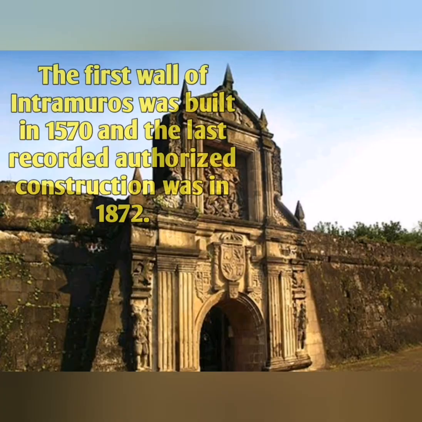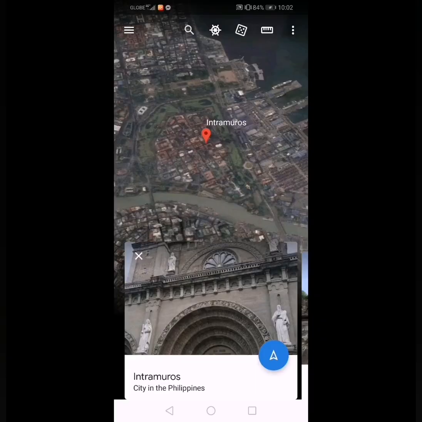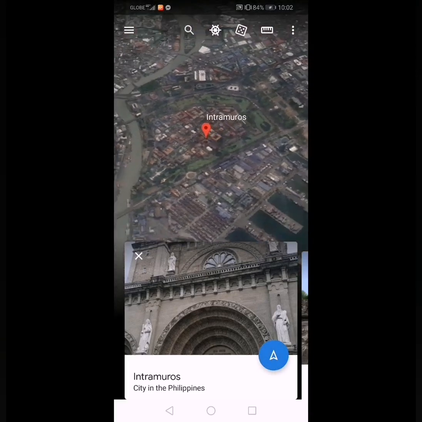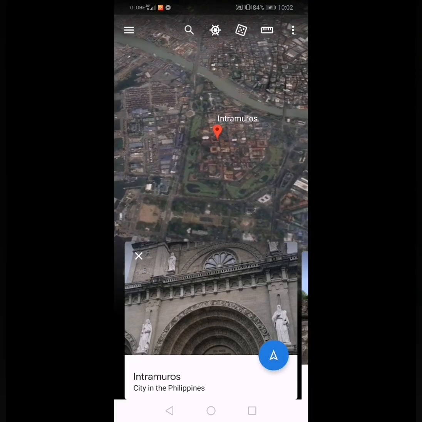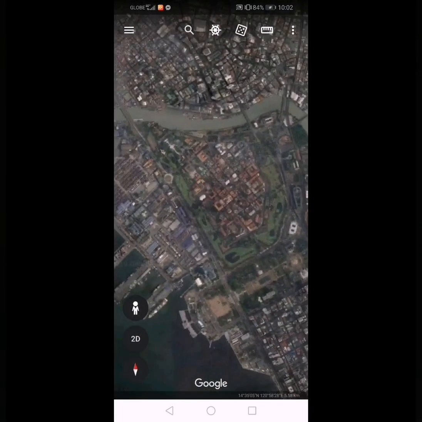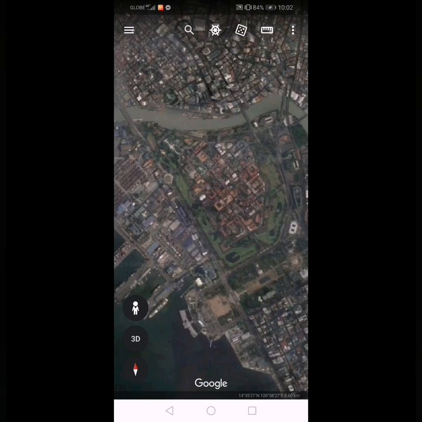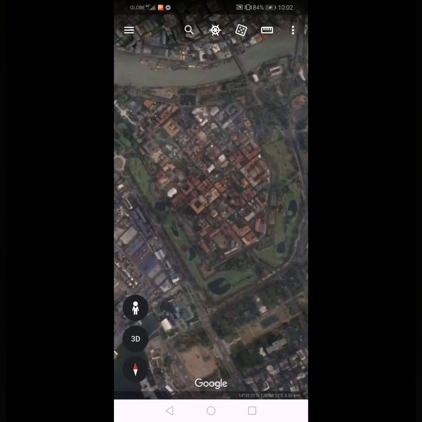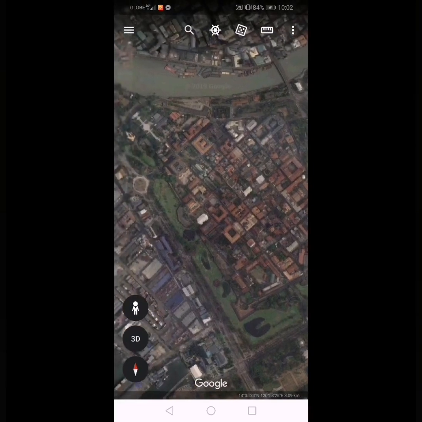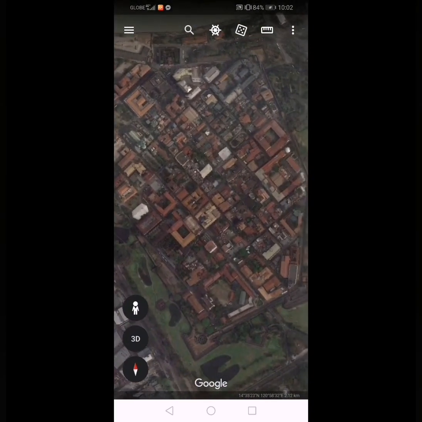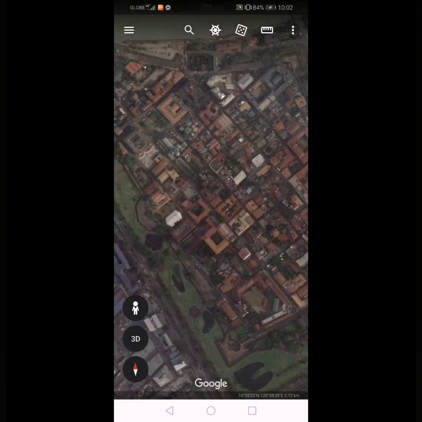We're gonna use Google Earth again. So this is the Intramuros view from Google Earth. We're gonna measure just one section of the Intramuros walls. We chose the wall beginning from the National Planetarium going to Fort Santiago.